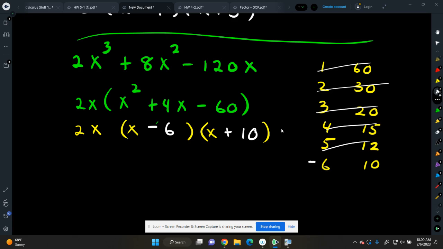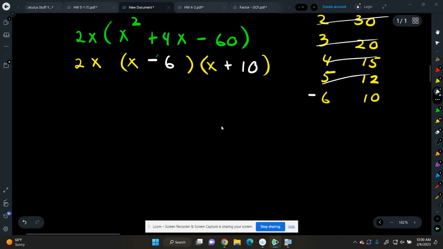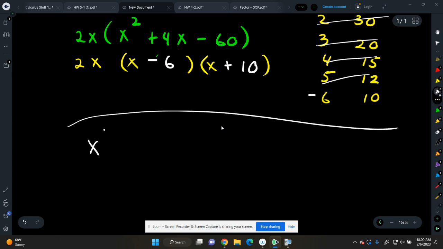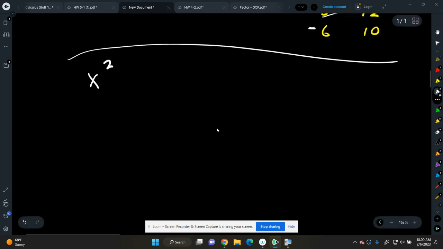Okay, let's do x squared minus 7x plus 10.